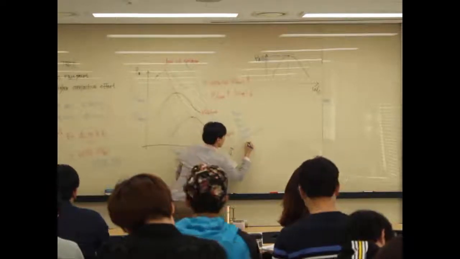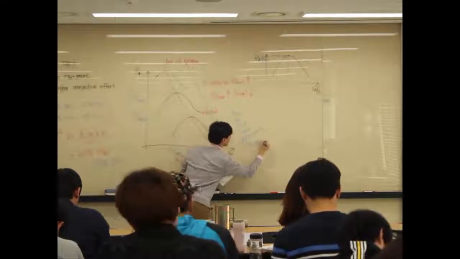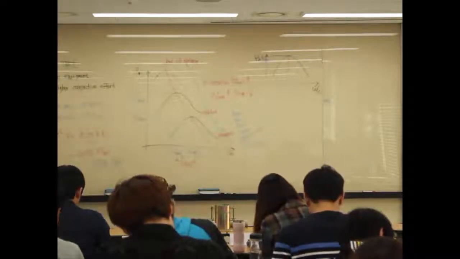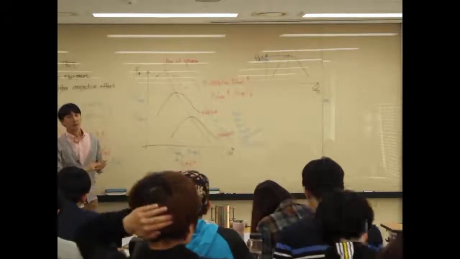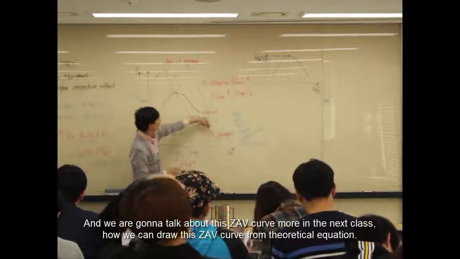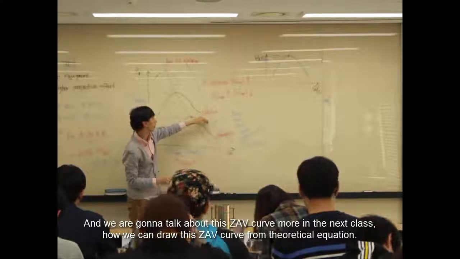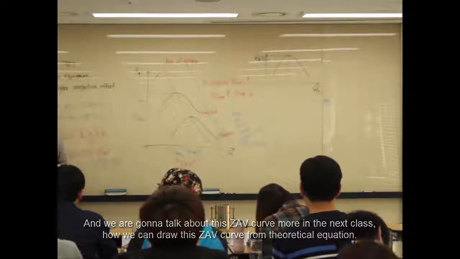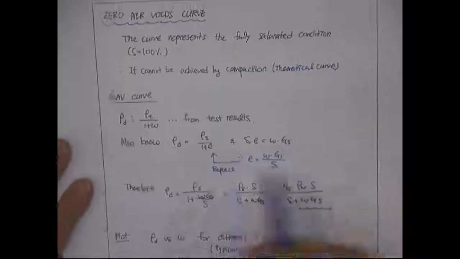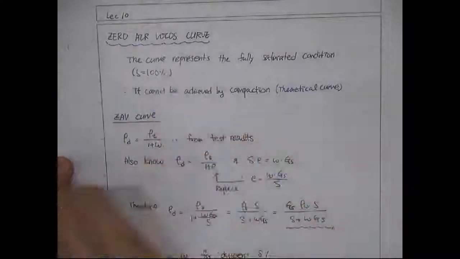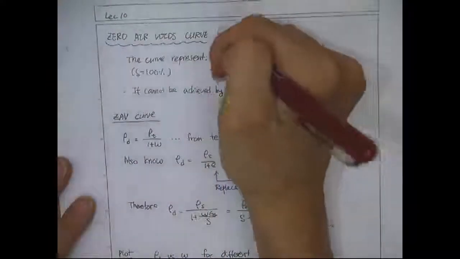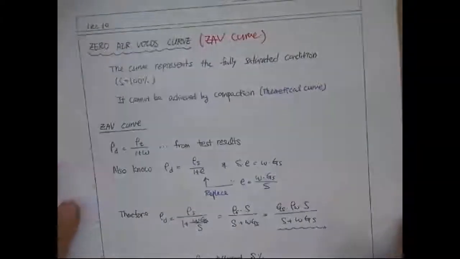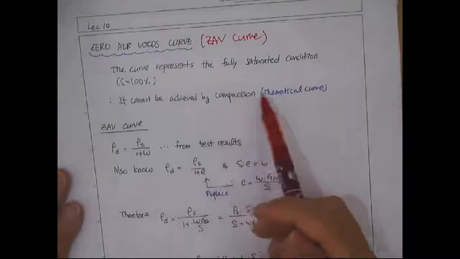The regular situation is here. And we're going to talk about this ZAV curve more in the next class, and how we can draw the ZAV curve theoretically from the equation. The zero air void curve is the ZAV curve, a theoretical curve that represents the fully saturated condition.